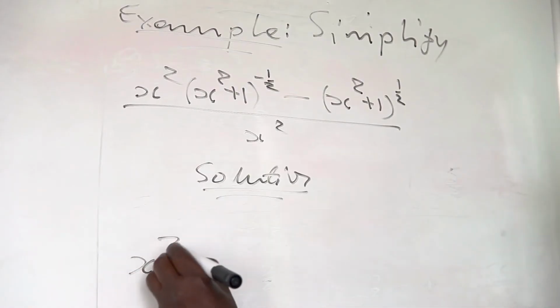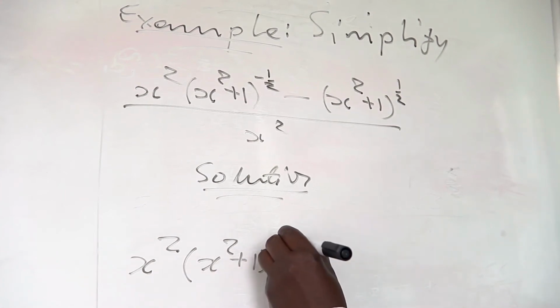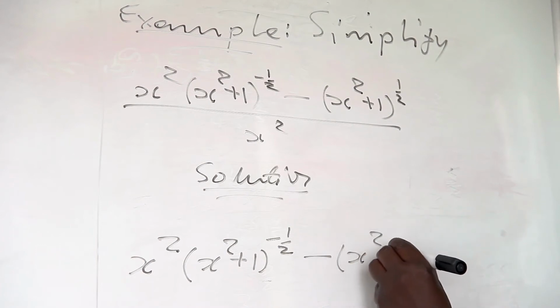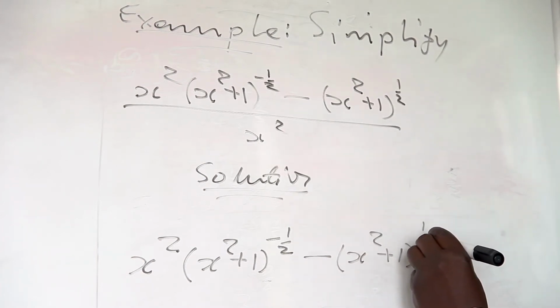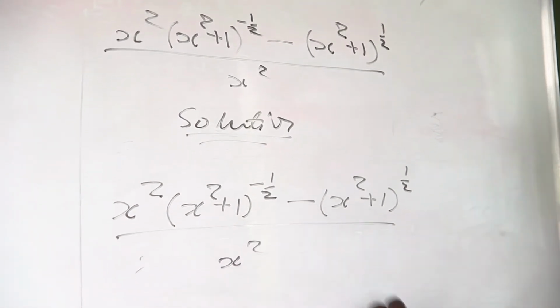The solution: x squared into x squared plus 1 power negative a half, minus x squared plus 1 power 1 over 2, all over x squared.